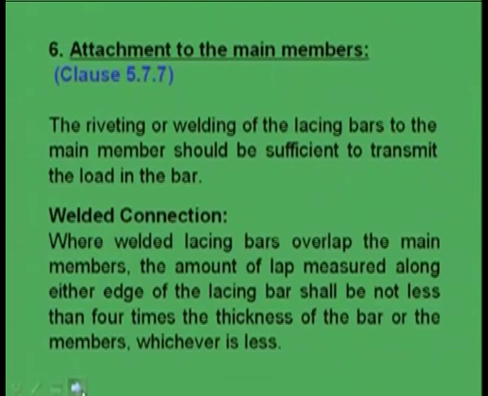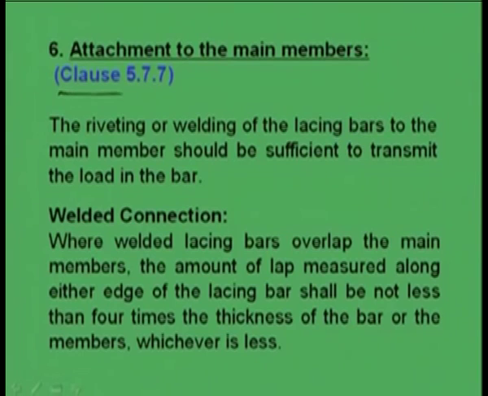Now, the attachment to the main members, that means how the lacing system should be connected to the main members. That means the connection between the lacing system and the main components. These connections may be riveted or welded.